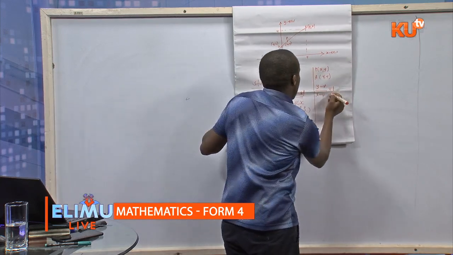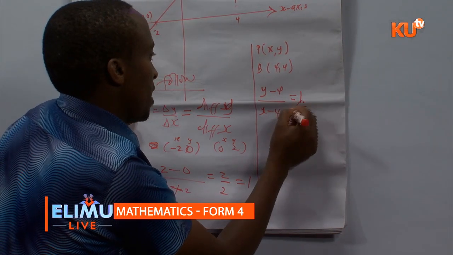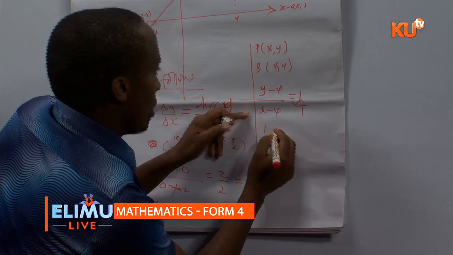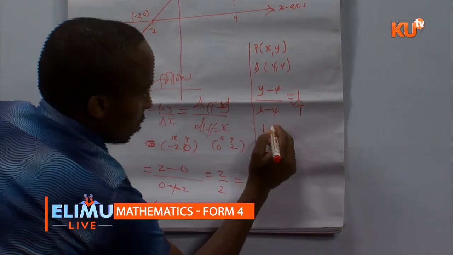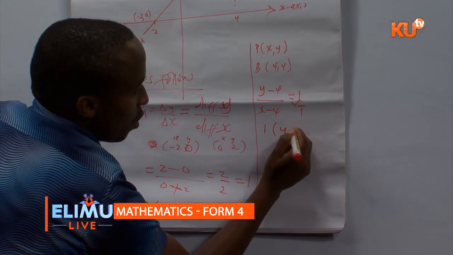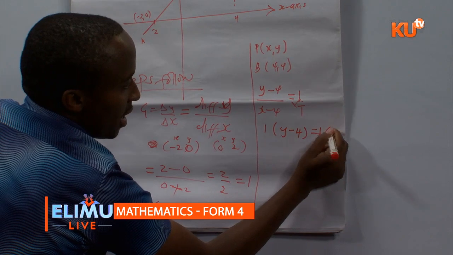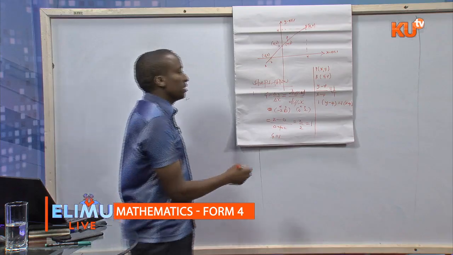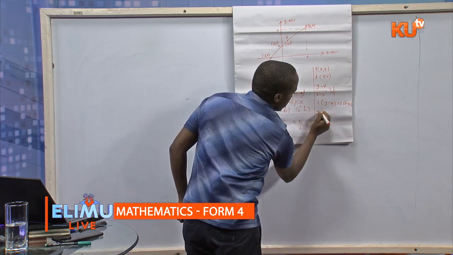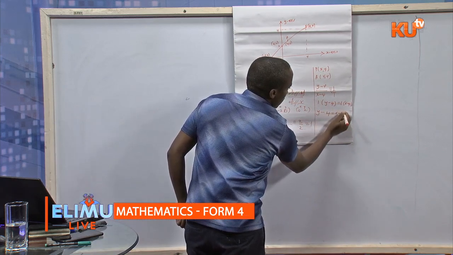Then after that, you cross multiply. Just assume it's over 1, cross multiply. This will be 1 multiplied by y minus 4 is equal to 1 multiplied by x minus 4. Open the bracket. So y minus 4 is equal to x minus 4.